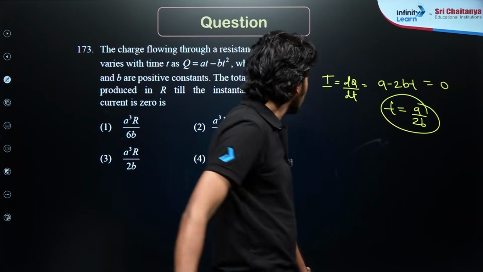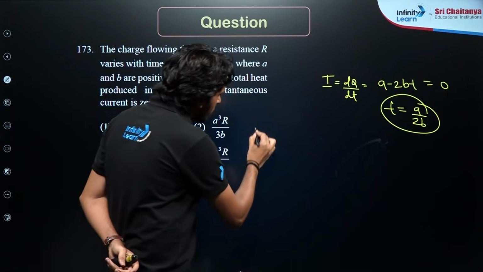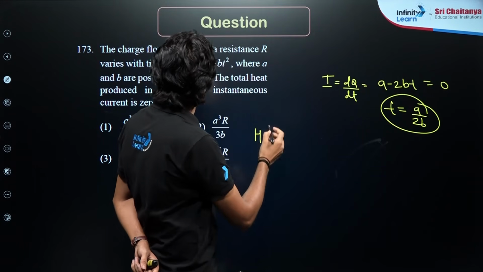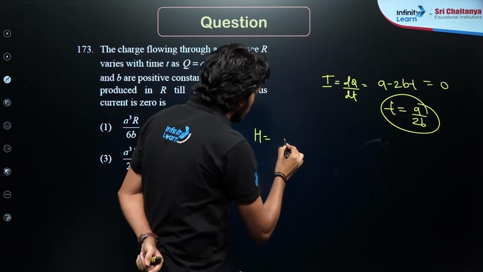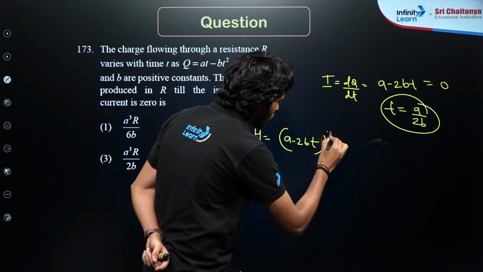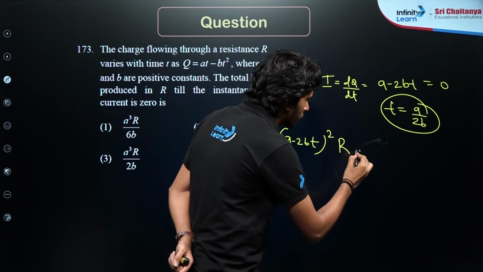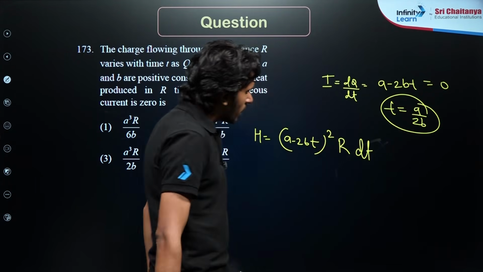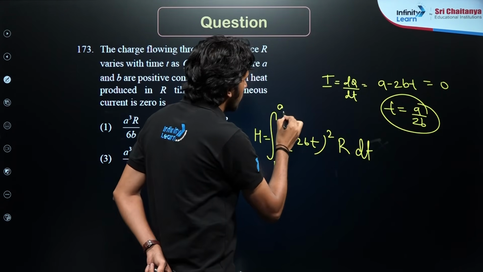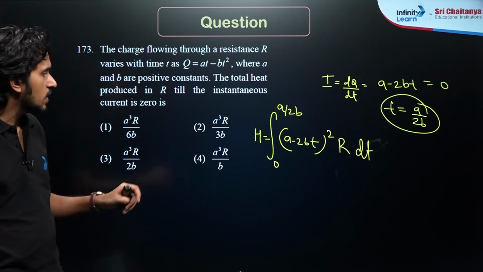We got first thing. Then the total heat. Total heat will be what? I square. So I current is basically this, A minus 2bt. A minus 2bt square. I square R, R is resistance, dt, and I square R dt from time t equals 0 to A by 2b time. Okay, that will be the total heat released.